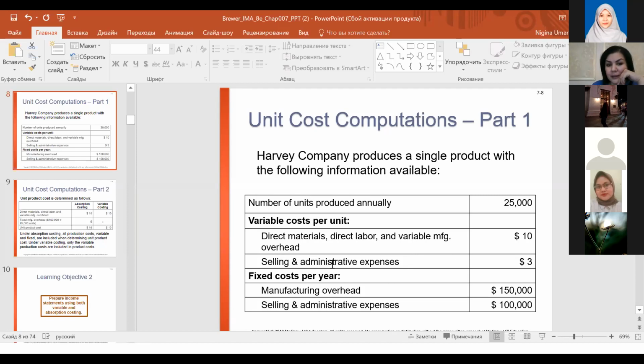Variable selling and administrative expenses are separated, $3 per unit. Fixed costs per year: fixed manufacturing overhead total, and fixed selling and administrative expenses of 100,000.